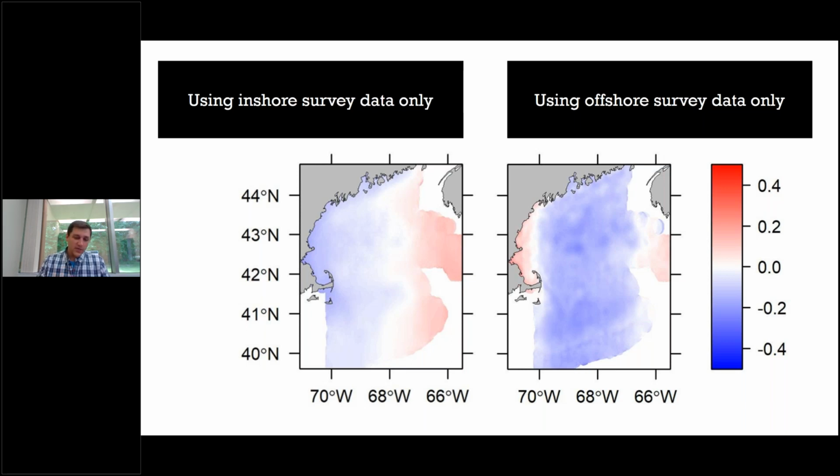This really highlights the need for appropriate survey coverage and data collection that encompasses the niches of the species, and sort of cautions against extrapolating these relationships into low or unsampled areas, especially if the environmental conditions of that region are different.